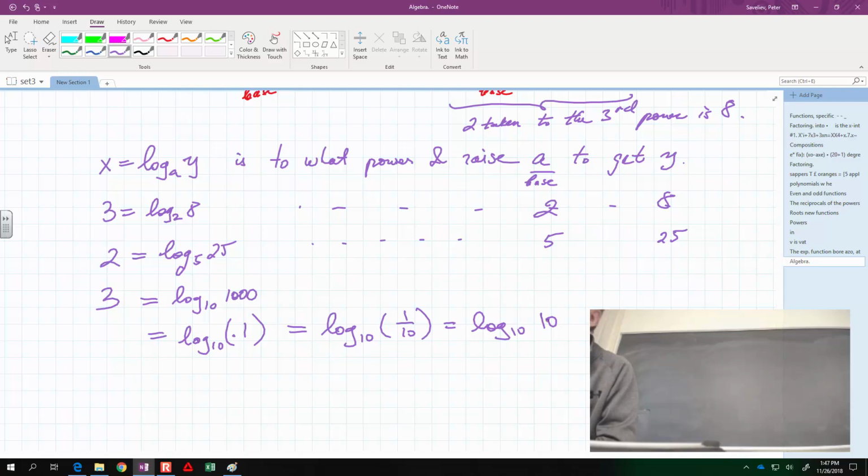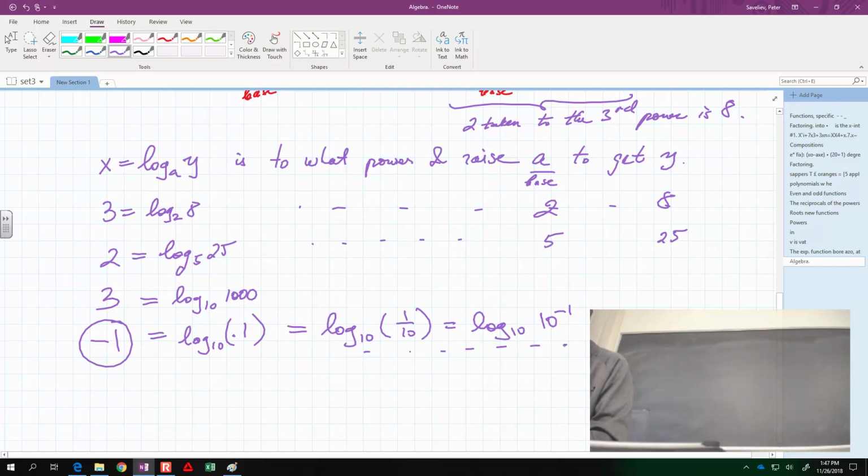What we just talked about: division is the same as a negative power. It's a negative first power. So then the answer is -1, right? So that's roughly how it works out. You just have to represent that number, if you can, in the form of a power of the base. So that's what I did.